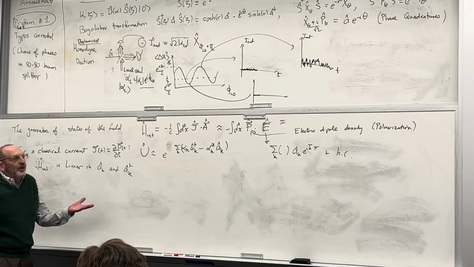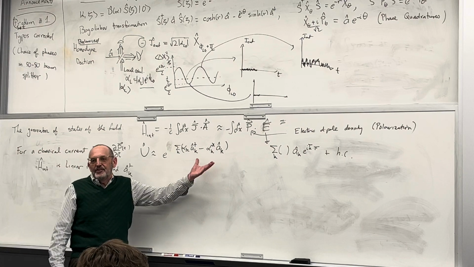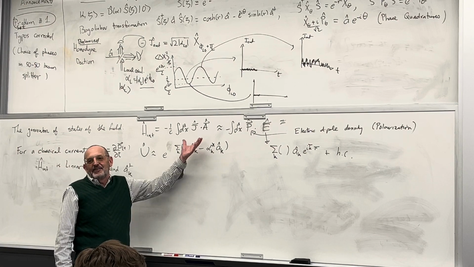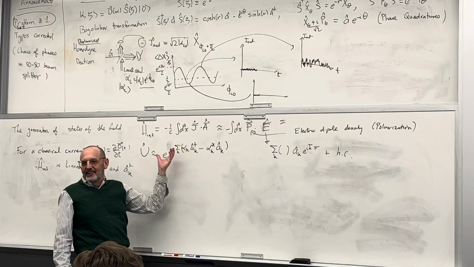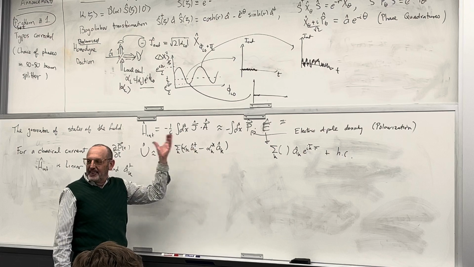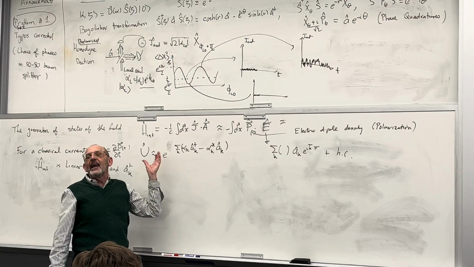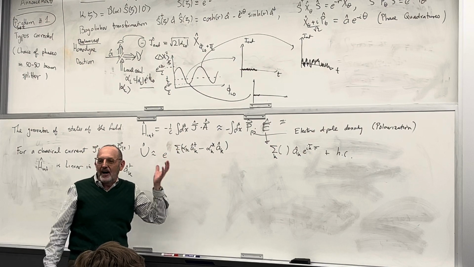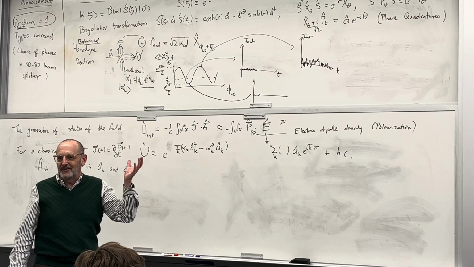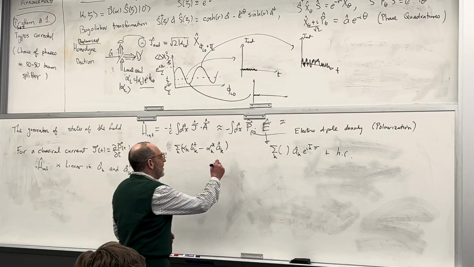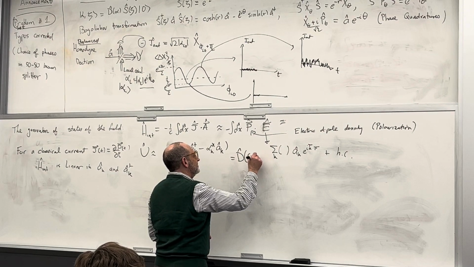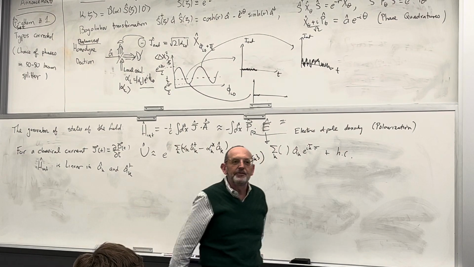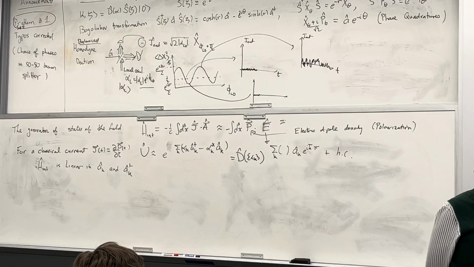So if it's linear in a and a dagger, it has to have this form, right? Because it's got to be something which is anti-Hermitian, i times a Hermitian thing, and it's only got a's and a daggers in it, no products of a's and a daggers, okay? And this, of course, is the displacement operator associated with those complex amplitudes.